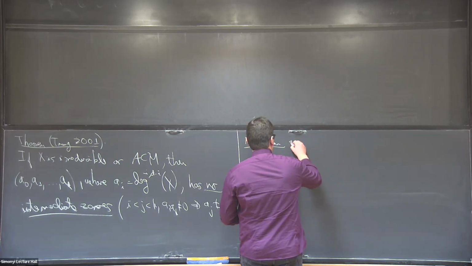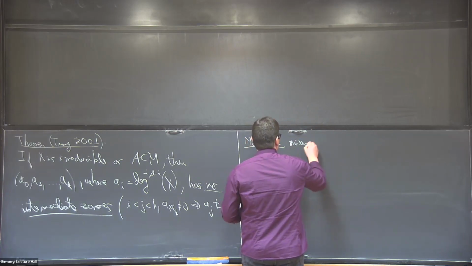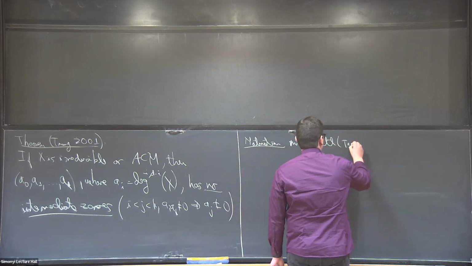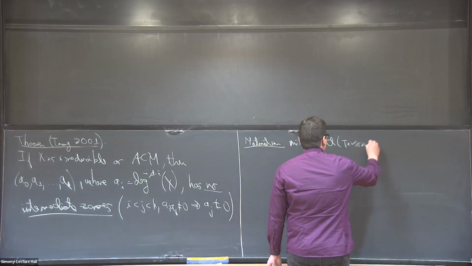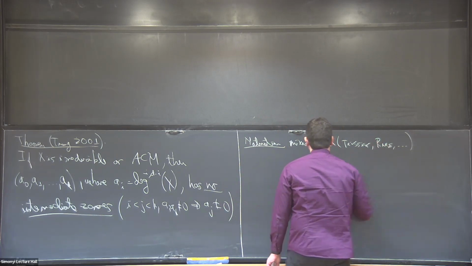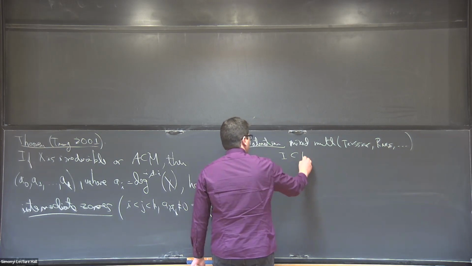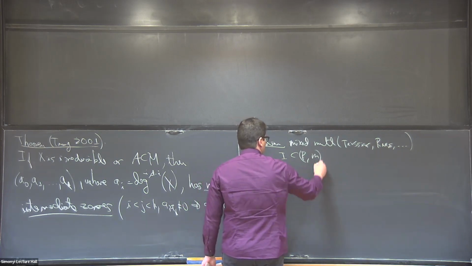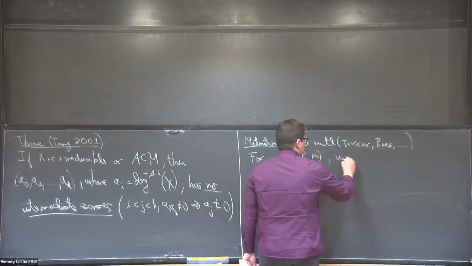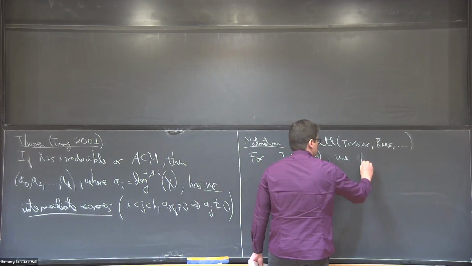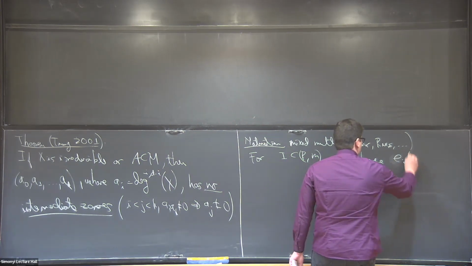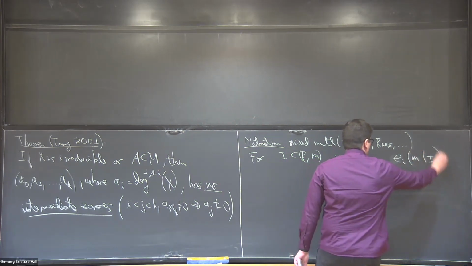We have this notion of mixed multiplicities that was developed by Teissier, Risler, and many other people: if you have I, an ideal in a Noetherian local ring, then we have these numbers e_i(I).